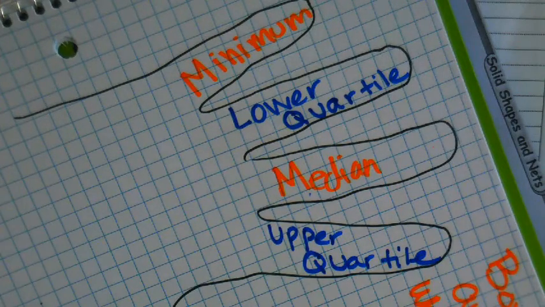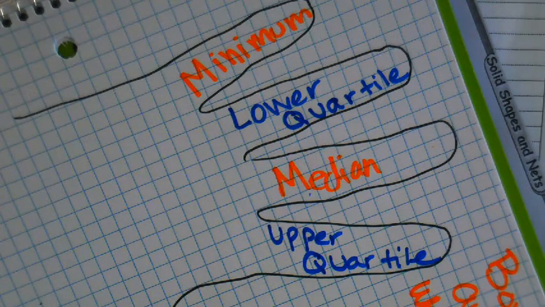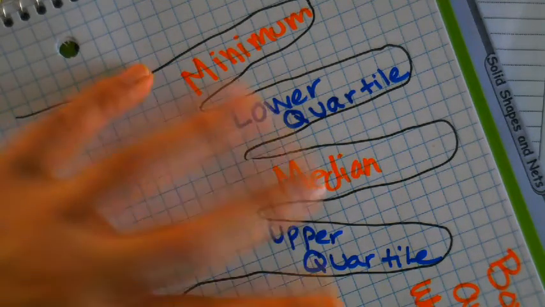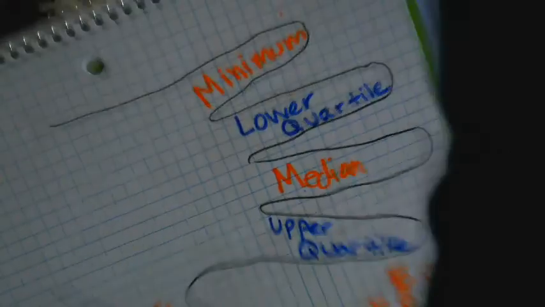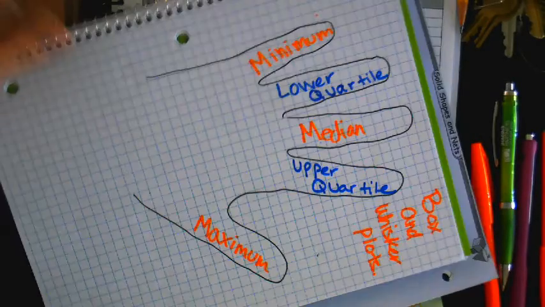You're not going to completely understand lower and upper quartile today. I'm just exposing it to you. I'll come back to it before the SBAC. If you see it on the math, hopefully minimum, maximum and median stick to you. If they don't, don't worry, we're going to go over it more before the SBAC.